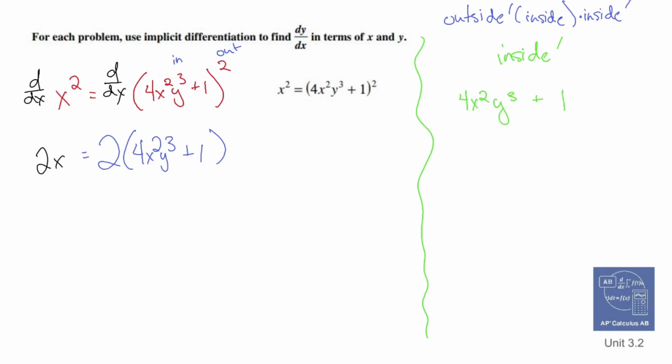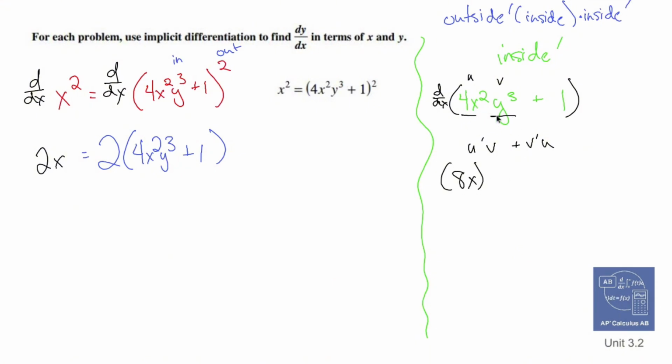Taking the derivative with respect to x of that guy right there has me saying, ugh, that's product rule. u would be my u, y cubed would be my v, so I need to do u prime v plus v prime u. All right? So the derivative of u with respect to x is going to be the derivative of 4x squared. Easy, 8x, no big deal.